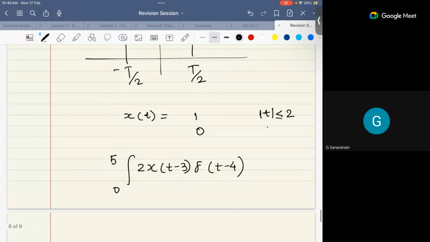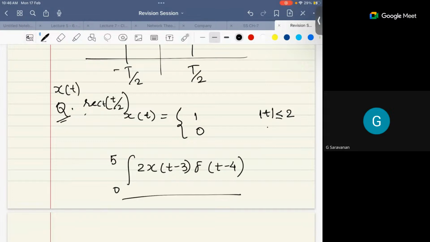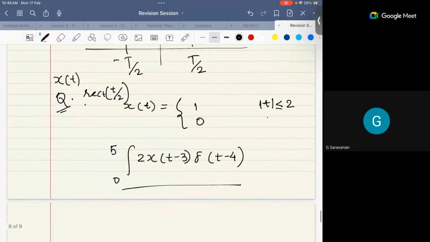Or it can be represented as rect function, rect of t upon 2. So x(t) is given like rect of t upon 2. You must know how the function looks. If you are not able to plot this rect function itself, how will you solve this one? You will not be able to, right?